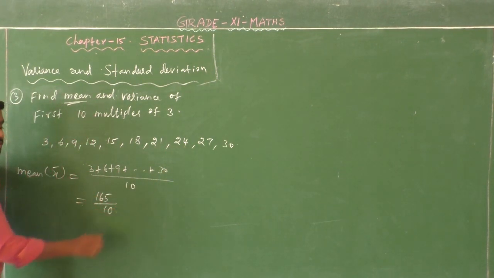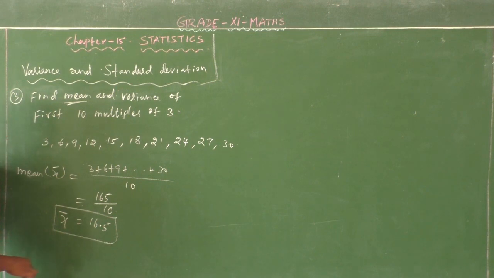Divided by 10, this is equal to 16.5. So the mean of the given data is 16.5.